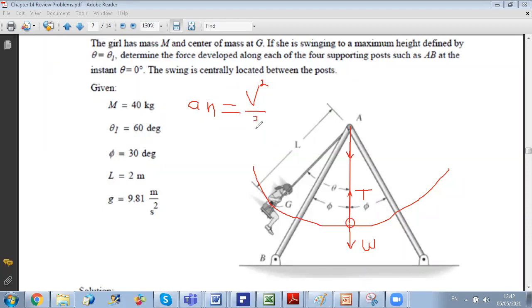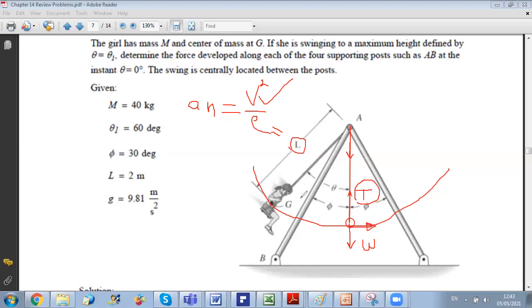Here you are moving along a circle characterized by a radius equal to the length of the cable, so rho is equal to L. Therefore, to get an, all you have to do is find the velocity v at the vertical position. If I get v at the vertical position, I will be able to calculate T. At this position, ut is always tangent to the path.